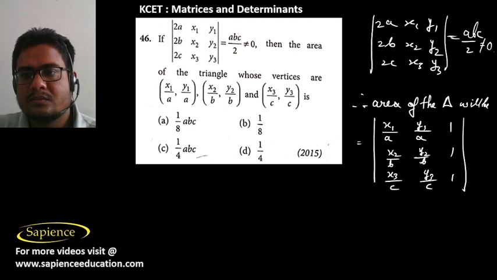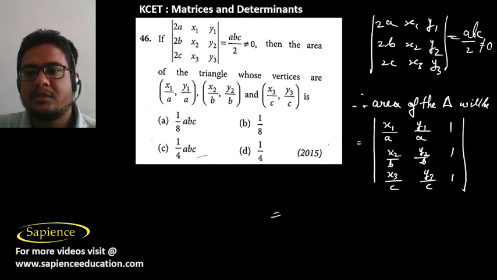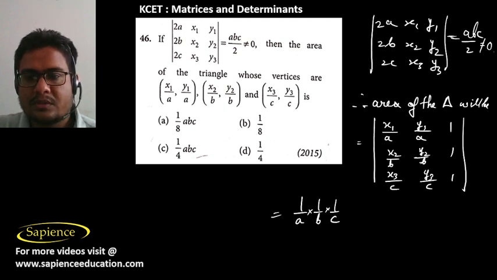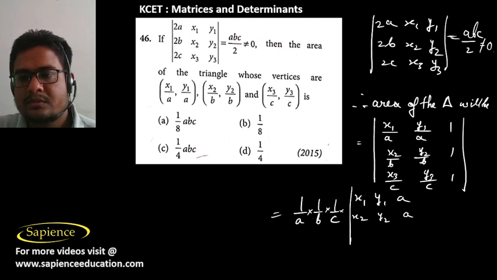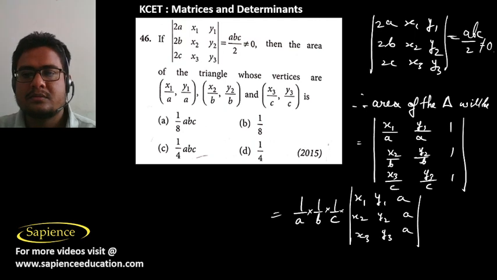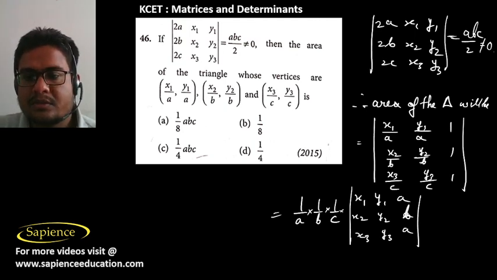So we can take 1 by a as common from the first row, 1 by b as common from the second row, and 1 by c as common from the third row. Then we can write it as the determinant of [x1 y1 a; x2 y2 b; x3 y3 c].